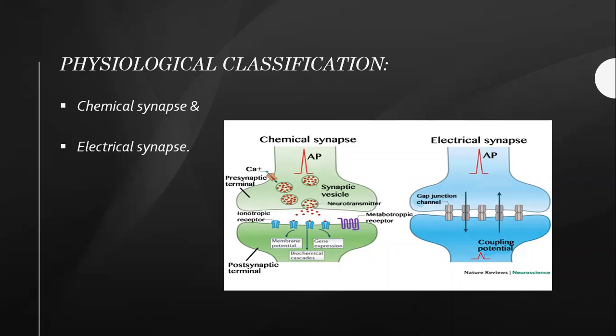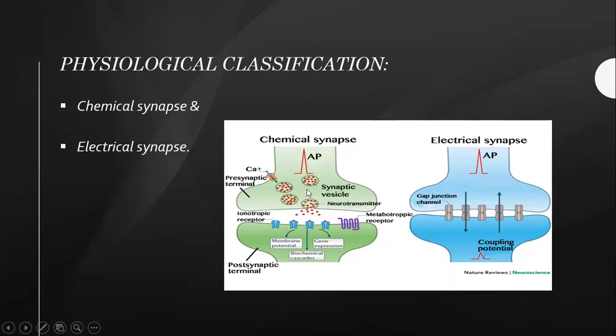In chemical synapses, as we can see here in this diagram, the action potential, which arrived at the neuron terminal of the presynaptic neuron, results in various processes which thereby results in transmission of this potential to the postsynaptic terminal.